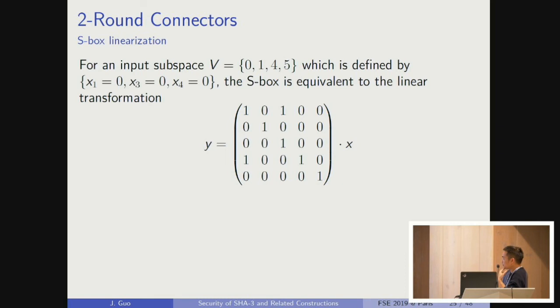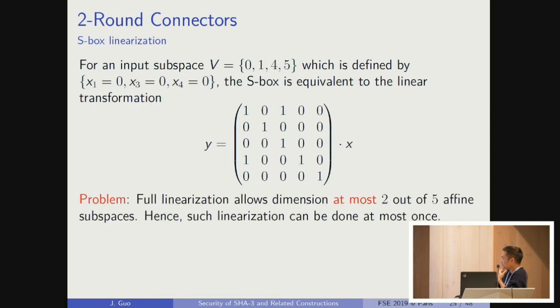If we do this for all the S boxes in the chi layer in the first round, we can do full linearization. However, full linearization allows dimension at most 2 out of 5 affine subspaces, so we have to fix at least 3 bits in each linearization of S boxes.